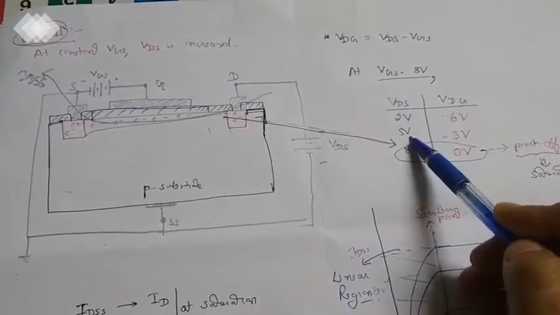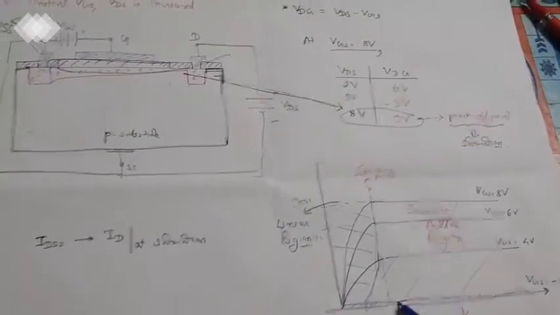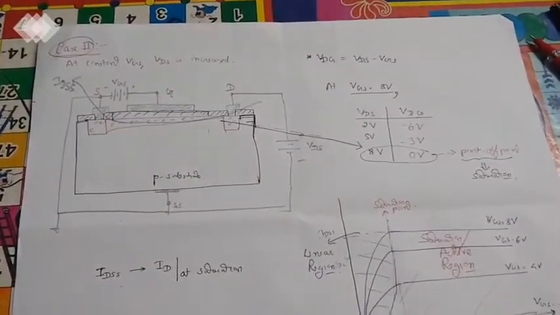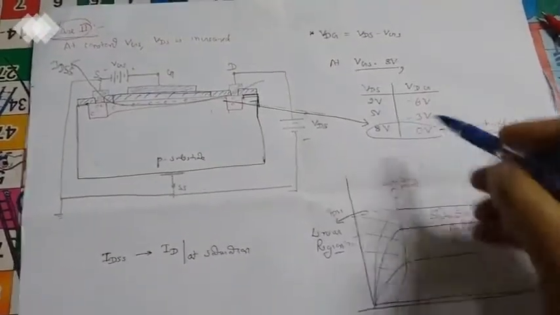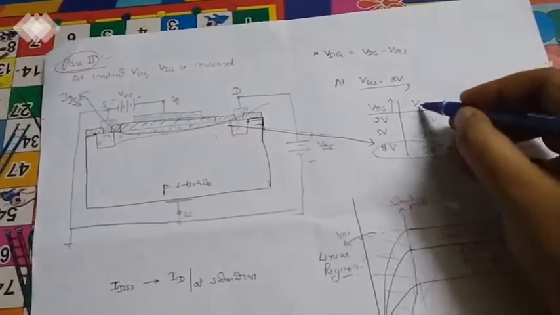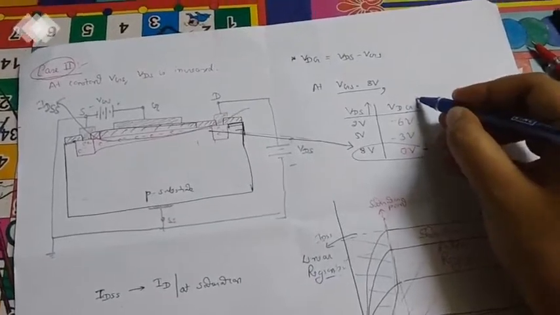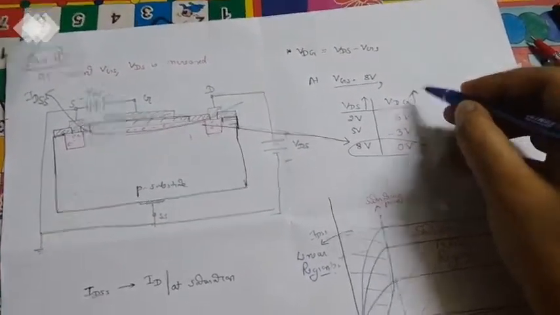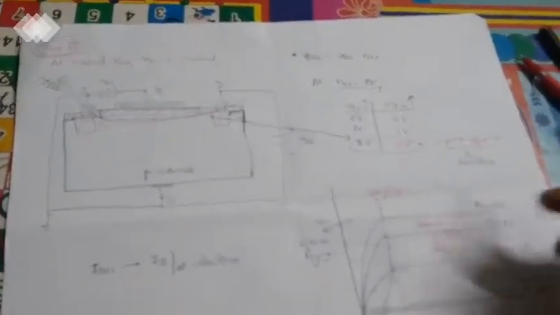And if we increase VDS, as we see in this graph, to 5 volt, VDG we get as minus 3 volt. As we increase VDS, VDG is also increased.